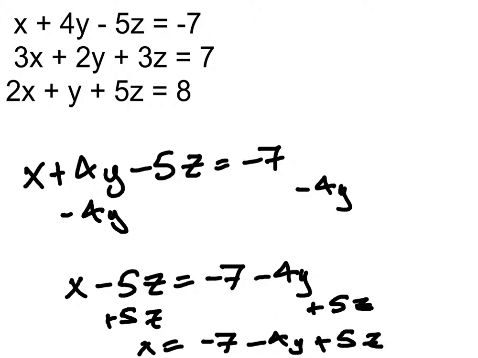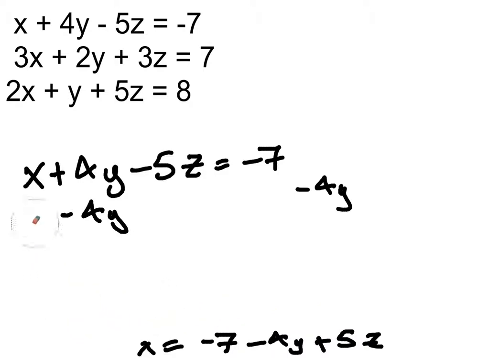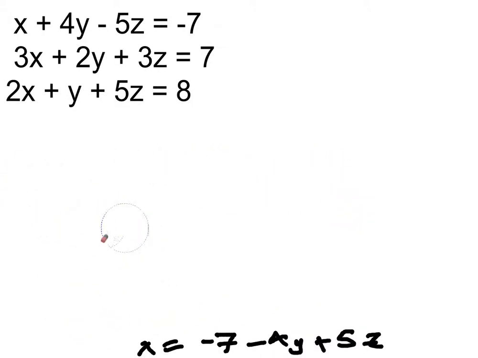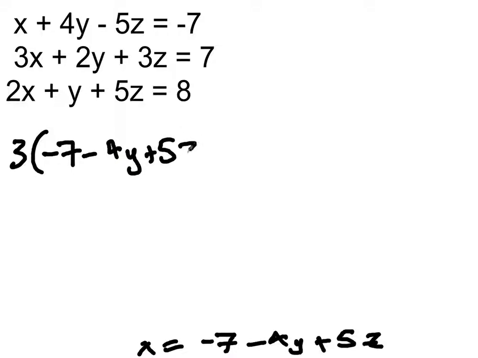Alright, and the reason why it's nice to solve for x is because now you can substitute x into the other two equations. Or any two equations actually, but the other two will make it easier. So 3 times x, which is equal to negative 7 minus 4y plus 5z. So that's 3x.